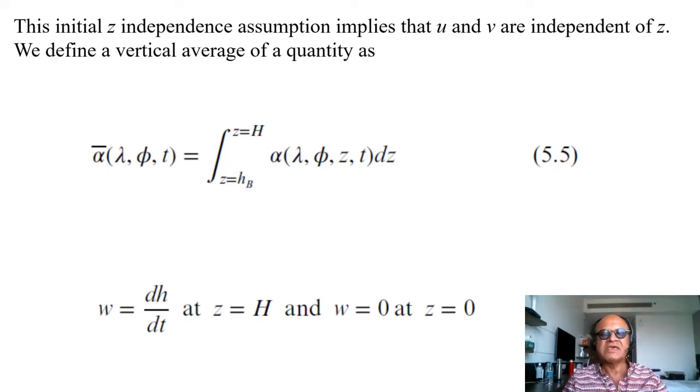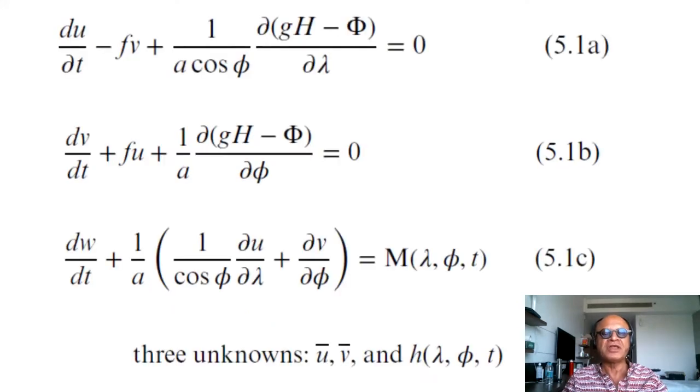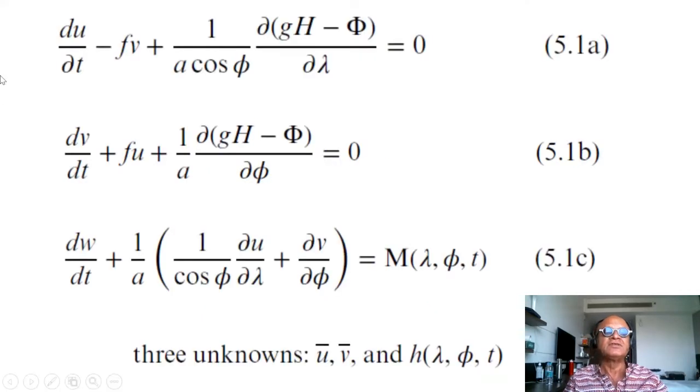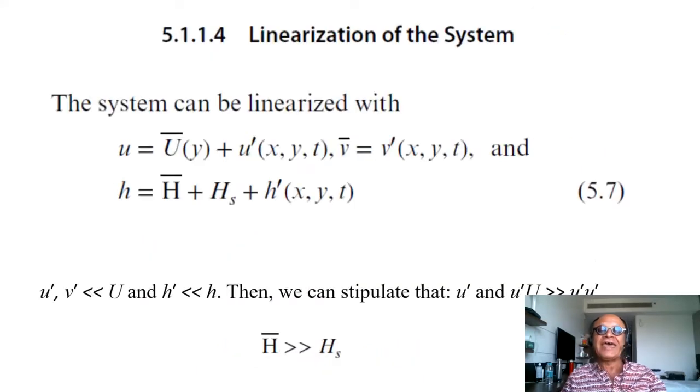So this immediately gives us another equation when we integrate, but this also implies that we are going to make it horizontally non-divergent. It's independent of Z. So du dt minus fv, this is the set of equations we saw, with now 3 unknowns, u bar, v bar, and h, because we have figured out w already in terms of h as dh dt.